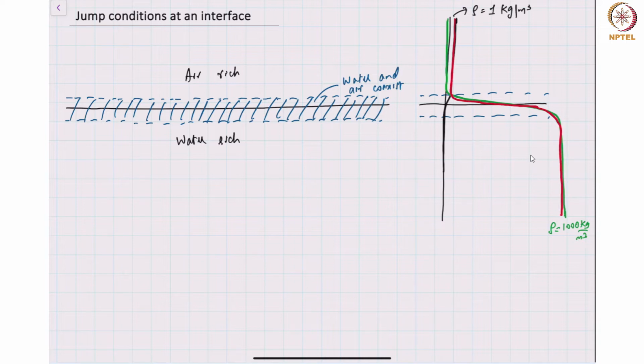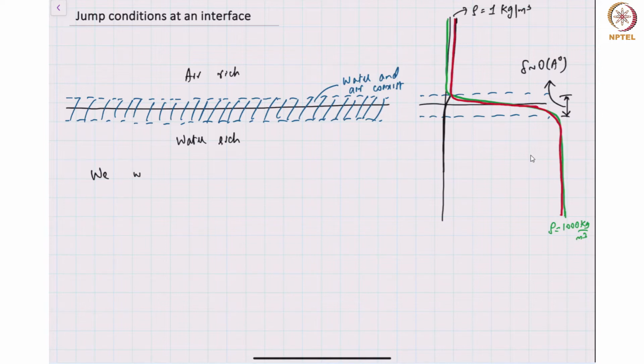If I think of it as a single fluid with continuously variable properties, this is how the properties would look. Now the only catch is that the thickness of this region is of the order of a few angstroms. It is so small that in the continuum regime, it is practically an interface for us.